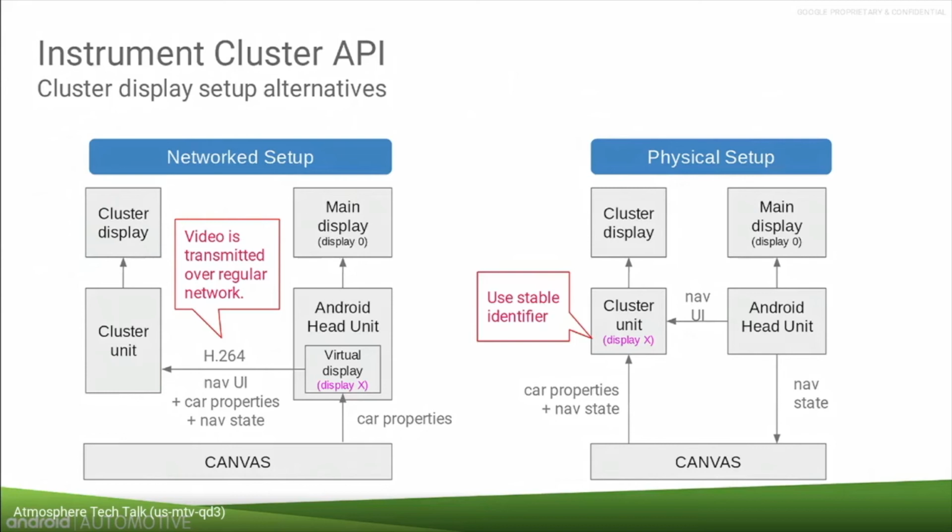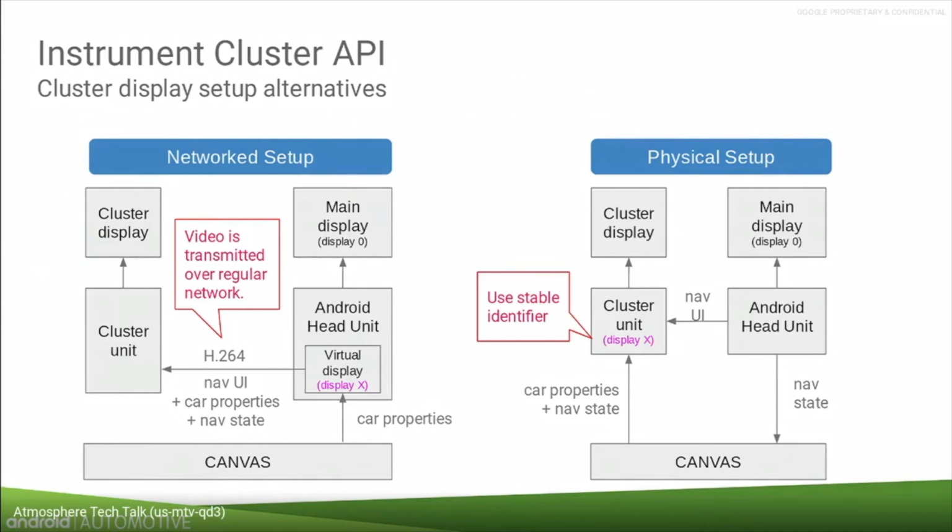We are not recommending this for production. This is what you can find implemented both in AOSP and in the emulator to display the content of our fake cluster. On a production environment, we recommend using a physical display, sending over that display just the content of Android that you want to have on the cluster.